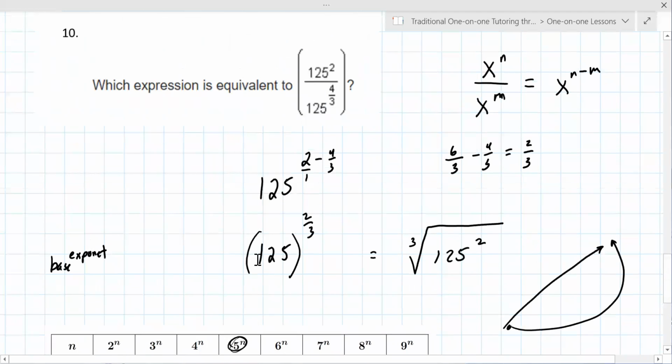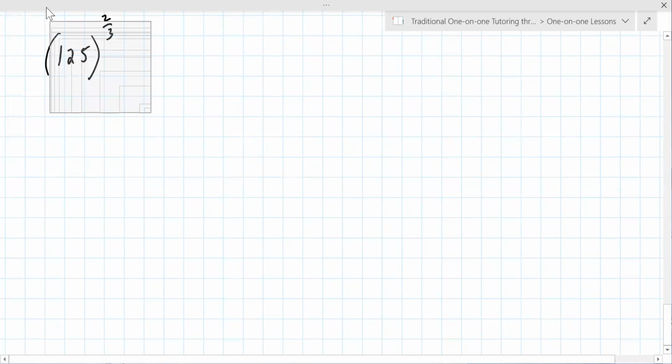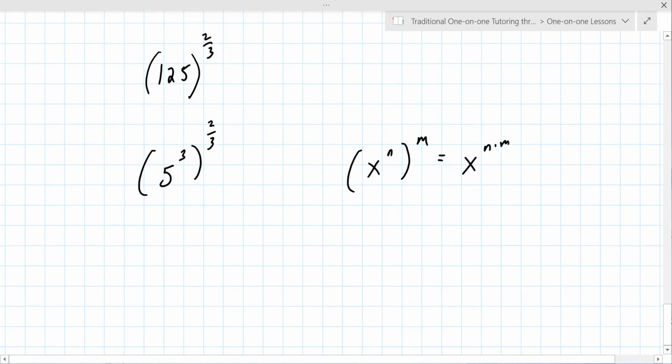So 125 up here. Let me just go down. I know we got a lot going on in this, so let's just restart. So 125 is really 5 to the power of 3. And as you recall, when you have an exponent to an exponent, you multiply them. So what is 3 times 2/3?